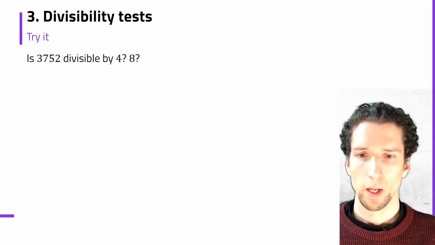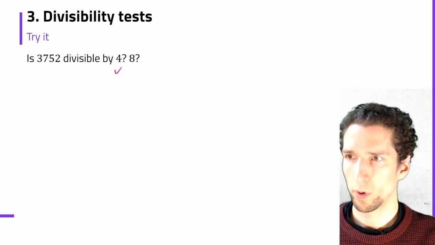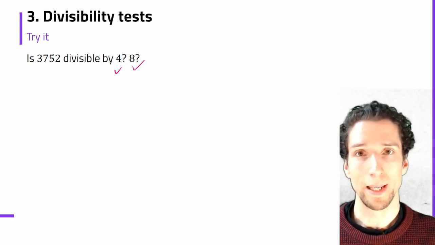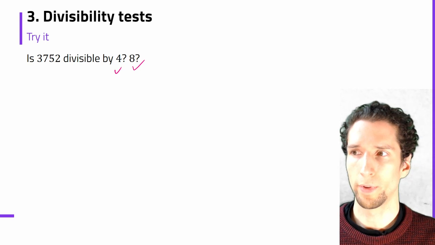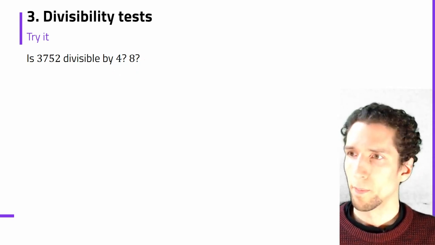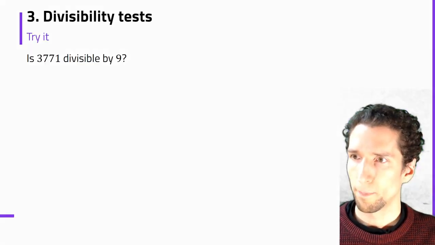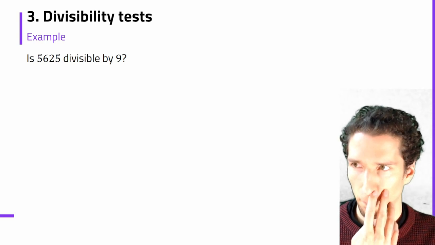All right, here the answer is by 4, yes, and by 8, yes. Hopefully you found that it's divisible by both of those. All right, next part. One more set of these. Then we'll get on to the prime stuff.